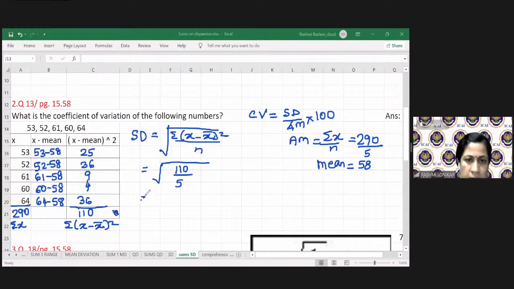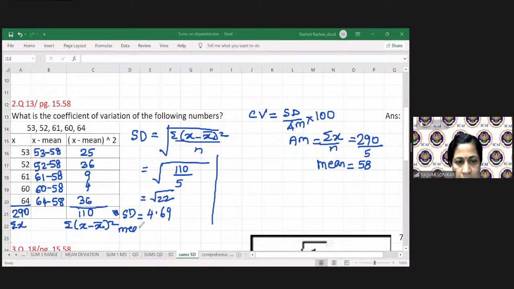So how much is this? This is square root of 22. And how much is square root of 22? 4.69. Okay, 4.69. ठीक है, ये मेरा स्टैंडर्ड डिविएशन आया. स्टैंडर्ड डिविएशन कितना आया? 4.69.